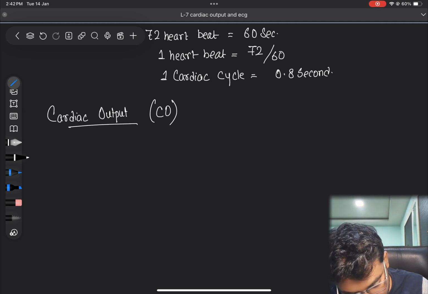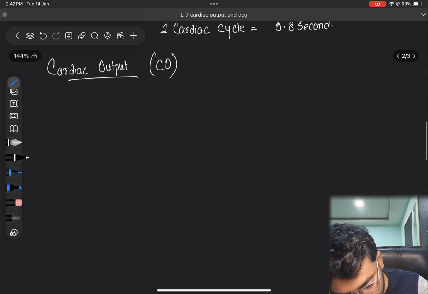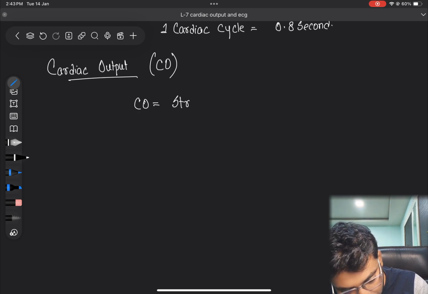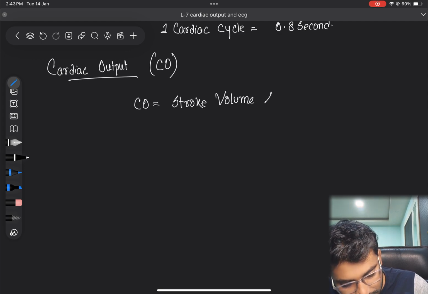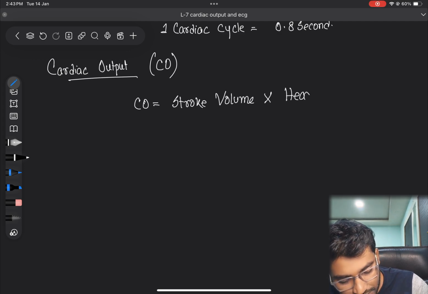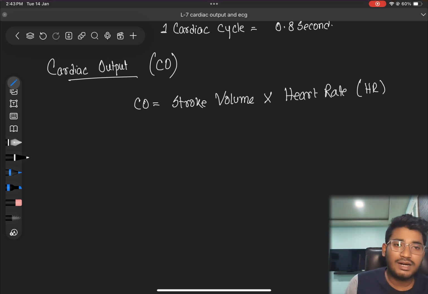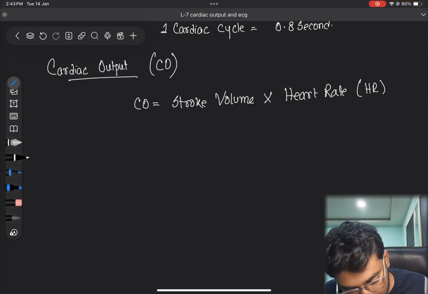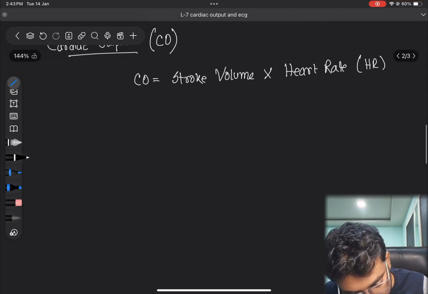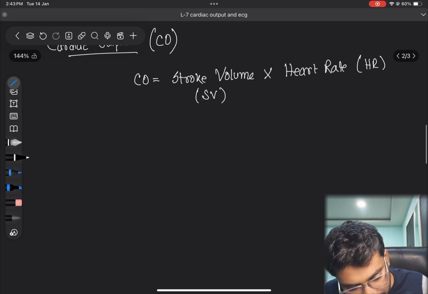Cardiac output can be calculated by CO is equal to stroke volume multiplied by heart rate. So what is the stroke volume? Stroke volume is the amount of blood that is ejected by each ventricle in each beat. Stroke volume is considered as SV and heart rate is HR.